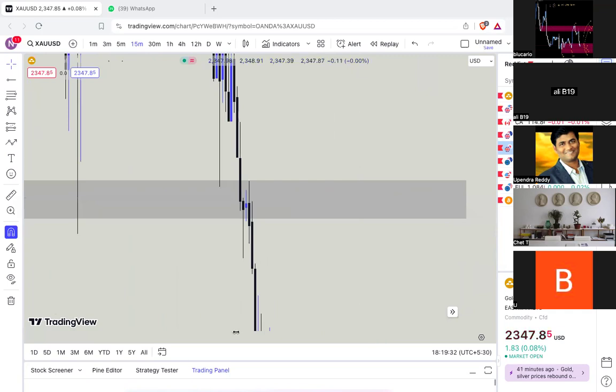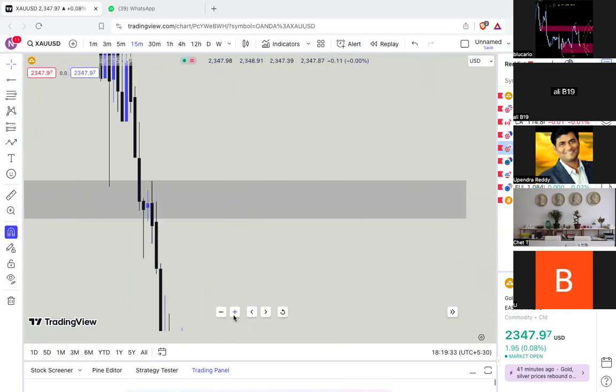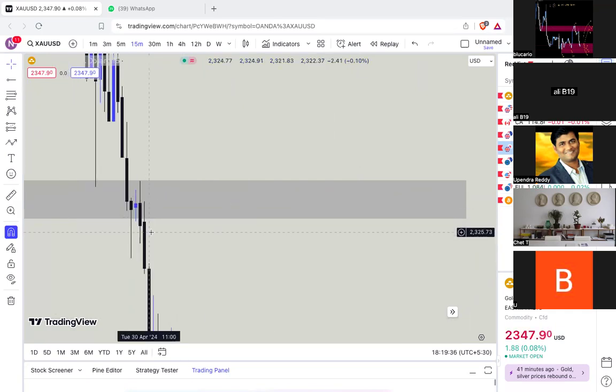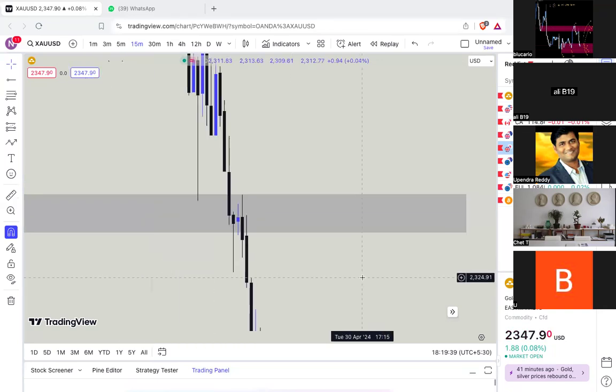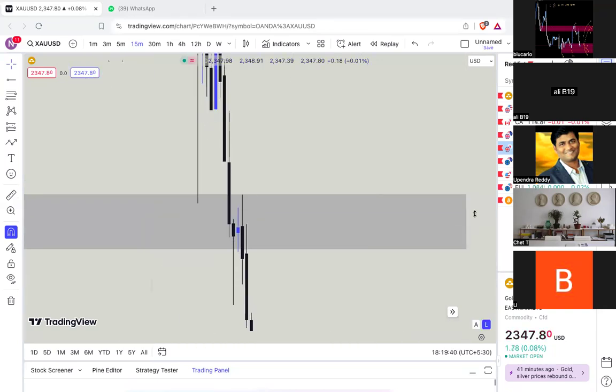Here you can see that we have an engulfing sell. The complete engulfing sell is inside this box. Now use the line and mark this engulfing sell.